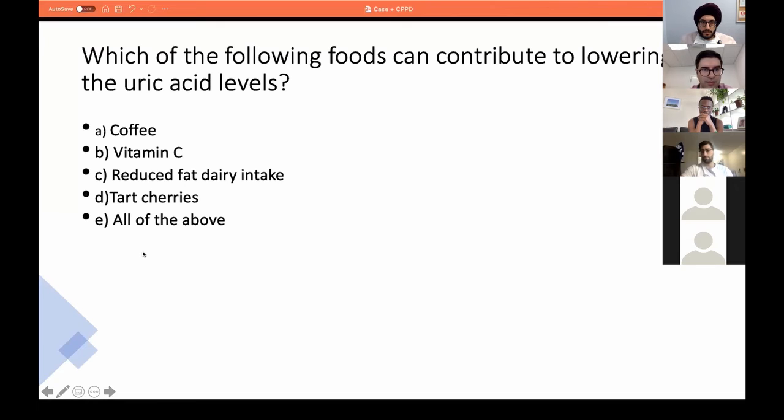And then which foods can contribute to lowering the uric acid levels? You don't have a poll, but please, you can either put it in the chat or unmute. Fatma says C in the chat.